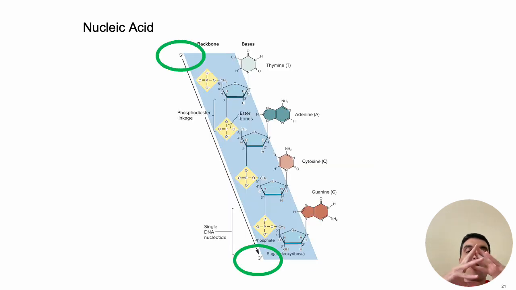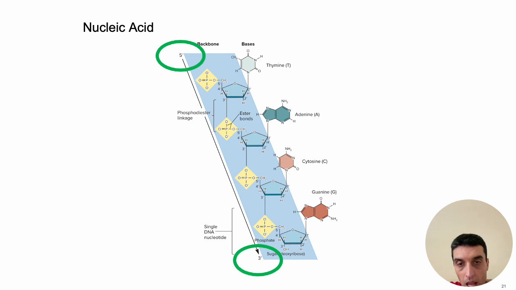Here we're going to talk a little bit about the structure of the DNA chain. Coming from the 5' to the 3' direction, we start at the 5' with the phosphate as a starting point. Then we're going to have a ribose, or in this case, the deoxyribose, that is going to be connected to the next phosphate.